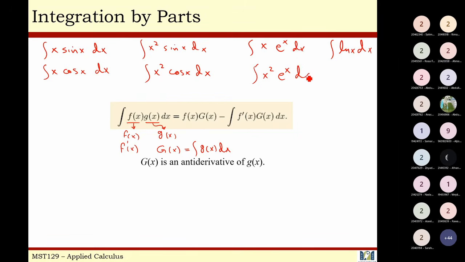All of these we must find by integration by parts.